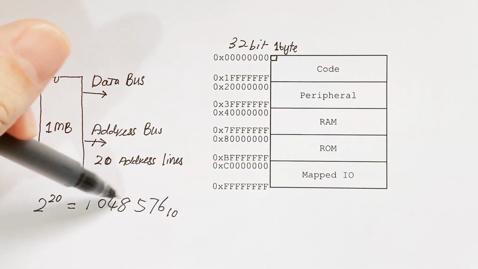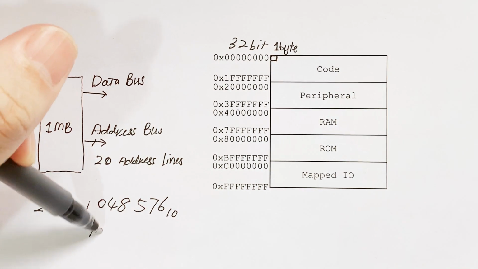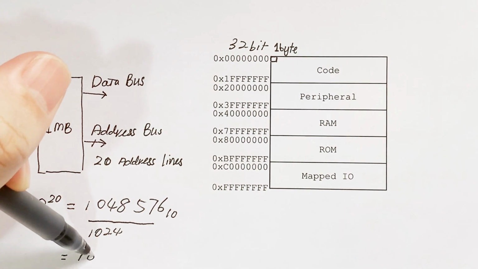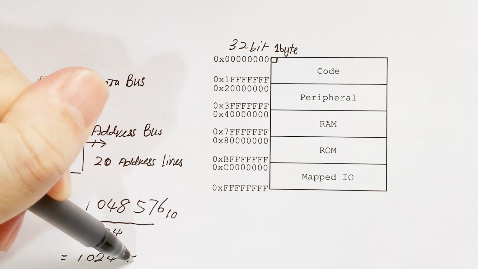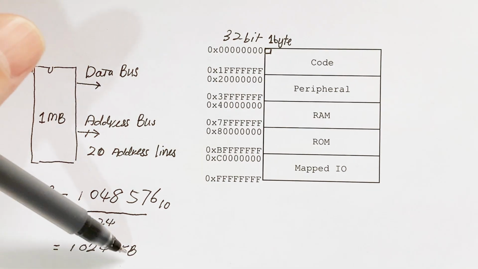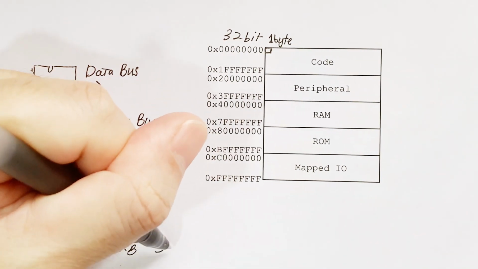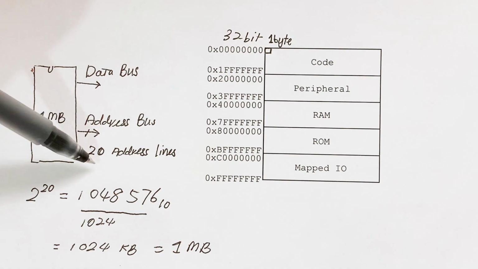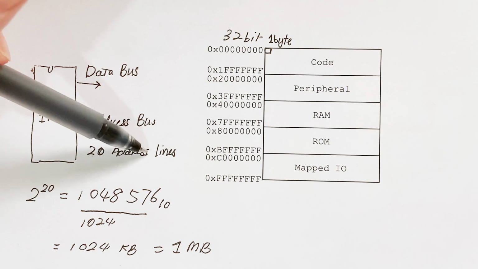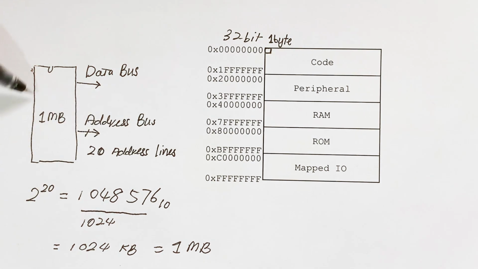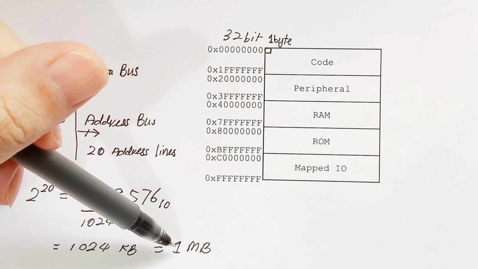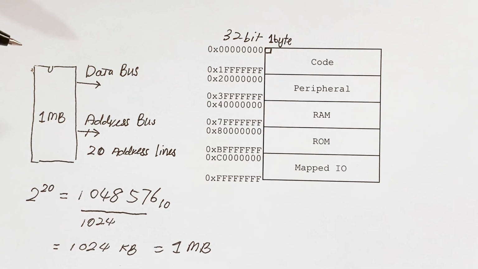If we divide this value by 1024, you will end up with 1024 kilobytes, and 1024 kilobytes is equal to 1 megabyte. If you have an address bus with 20 address lines, we can expect that this memory chip contains 1 megabyte of memory space.